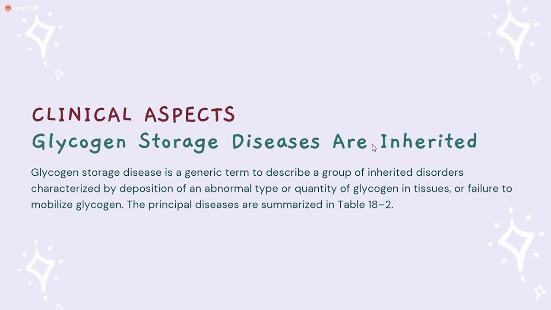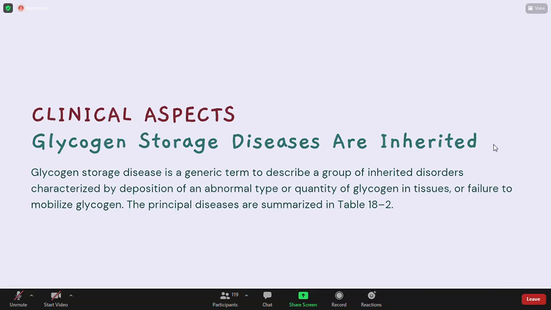Blank is blank and blank. It reminded me because of this inherited. One of the answers is inherited. The answer is cystinuria is inherited and incurable.